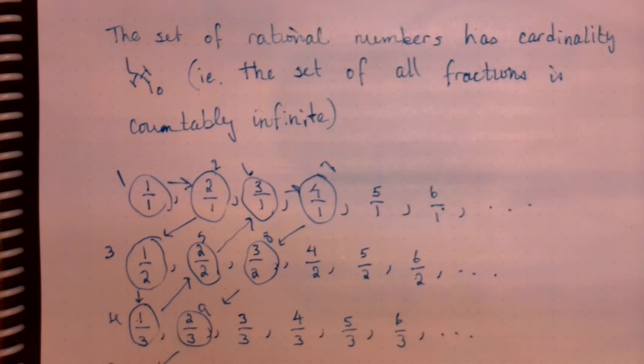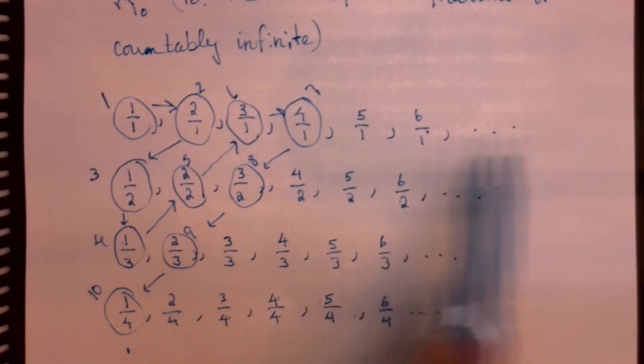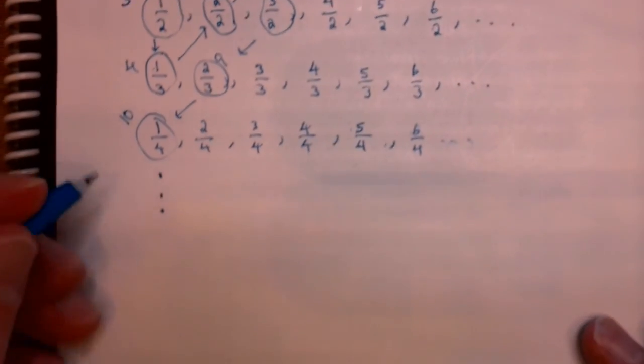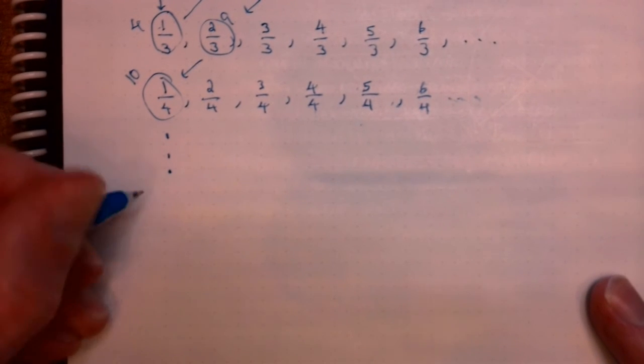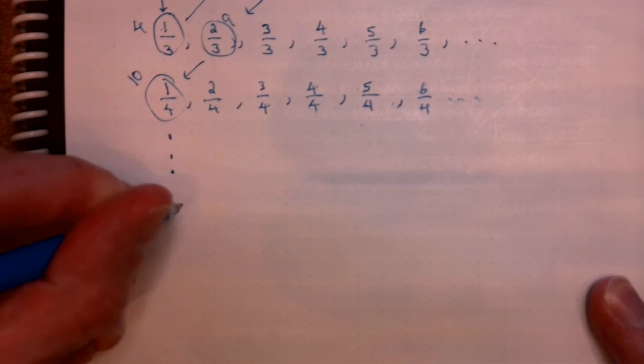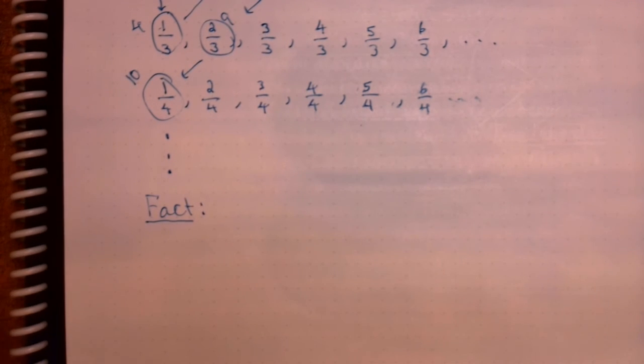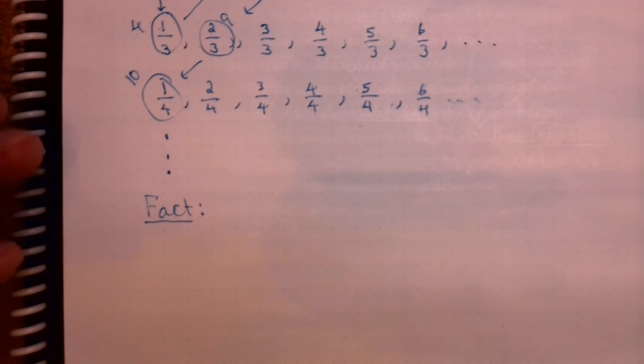So it might seem like every set would have cardinality aleph naught, because here we have infinite this way and infinite this way. But I'm just going to tell you this as a fact. The proof is actually in our textbook. It's called Cantor's argument.